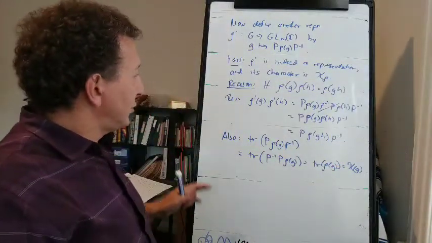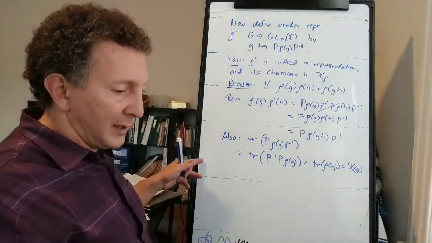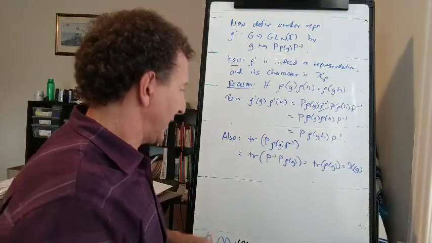So let's call two representations equivalent if they differ by conjugation.